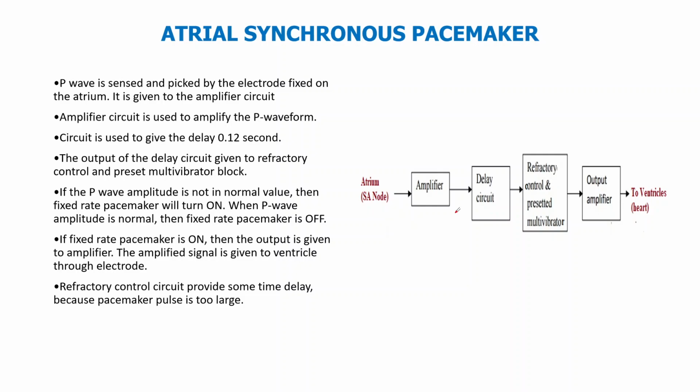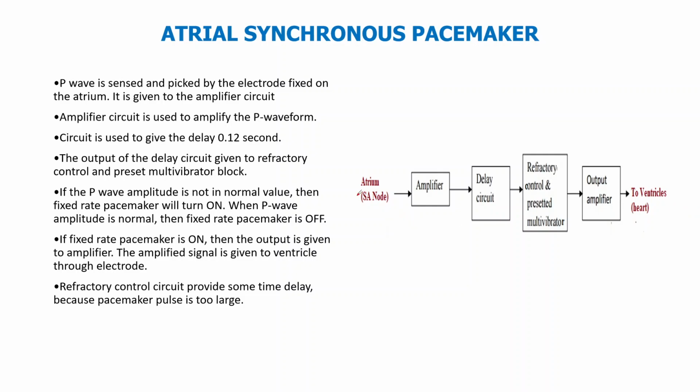Why this delay? The impulse originates at the SA node and is transmitted to the AV node, and the transmission time takes 0.12 seconds. That's why we have to provide a delay of 0.12 second, then the signal will be given. After that, the refractory control and pulse multiplier generate the signal that will be given to the ventricles.